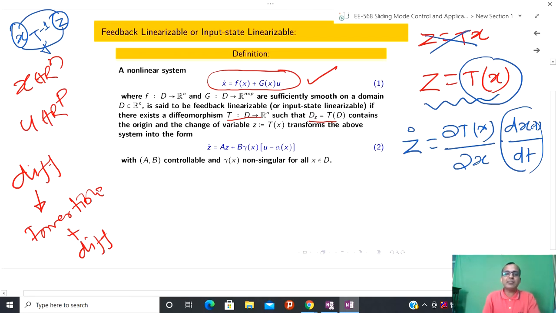If this system lies in D, so this mathematical model is true in domain D, then the partial derivative of the transformation T with respect to x should exist everywhere, and it should be invertible also. And why invertibility is required, I have already told you, because my original domain is x, and after that I am moving to z.